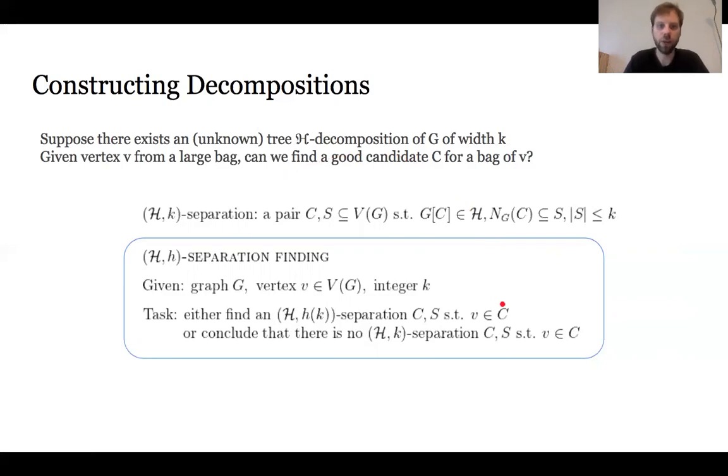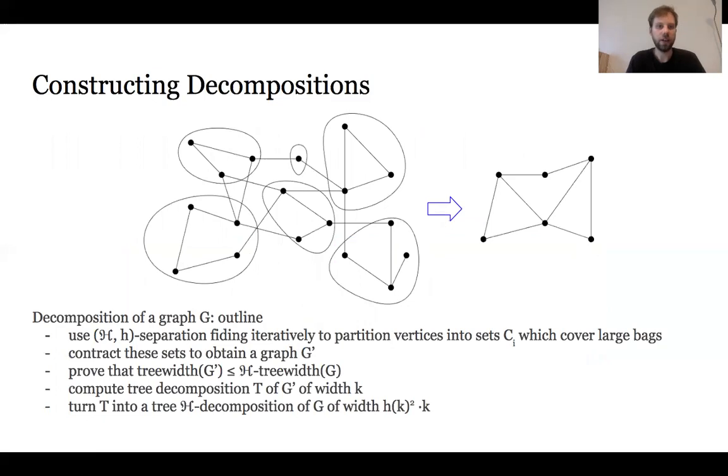So when such an HK separation exists, we are happy just to return a separation where the size of S is bounded by some function of K. So how does this help us in constructing a decomposition?